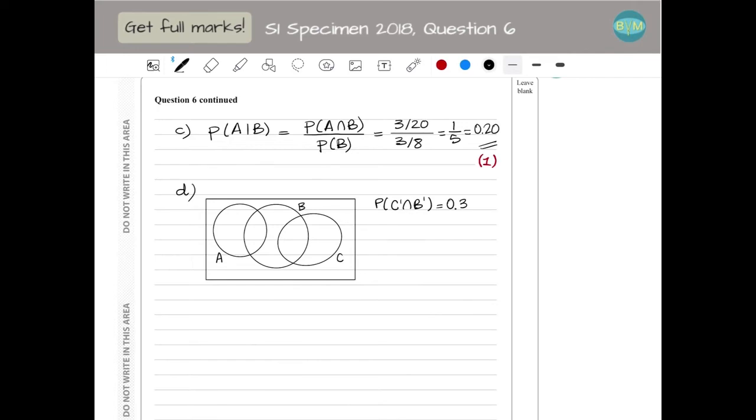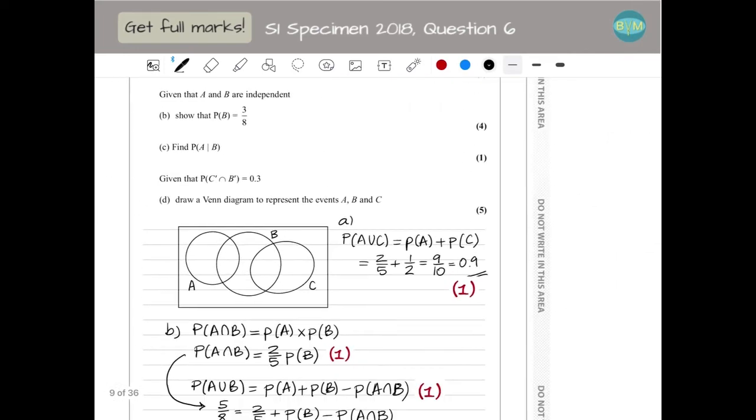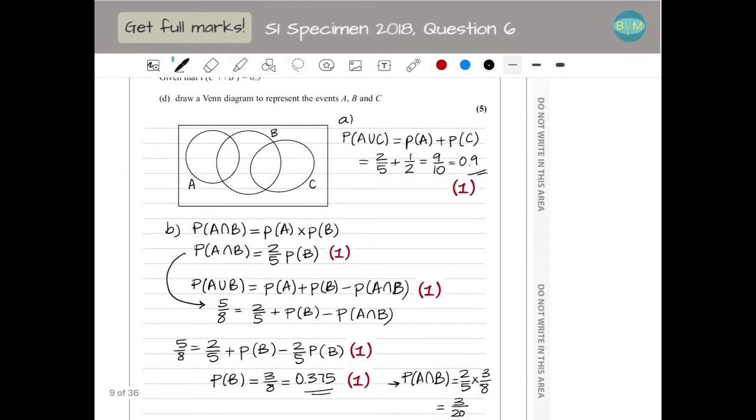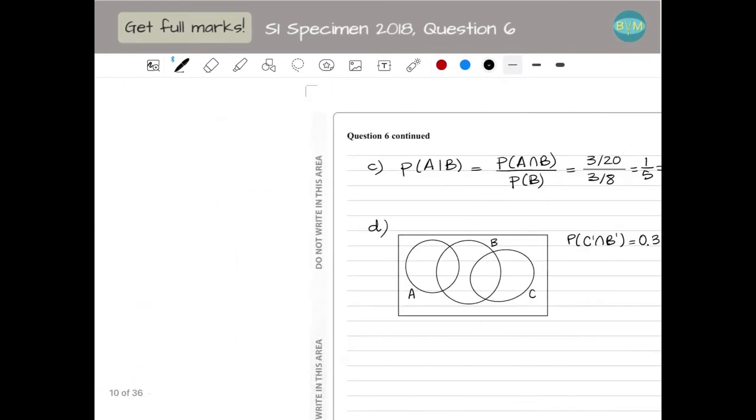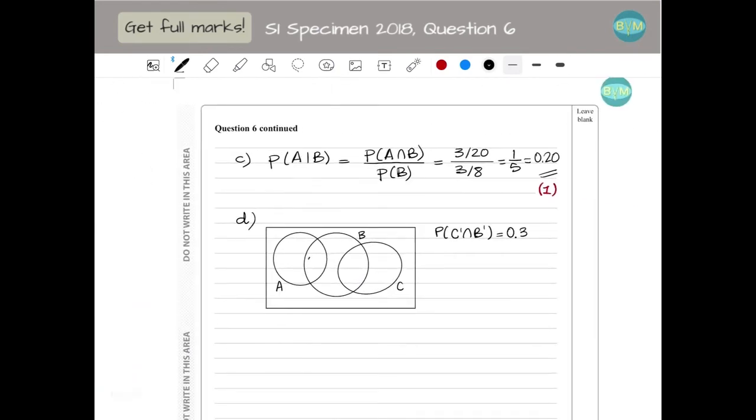Can we complete something? We can complete, for example, the intersections if we have them, because we found this intersection here. So probability of A intersection B is 3/20 or 0.15. So this is the intersection between A and B, this number here, 0.15.